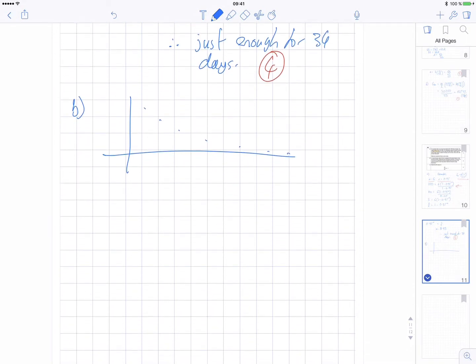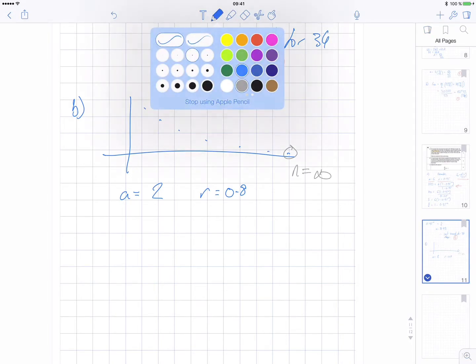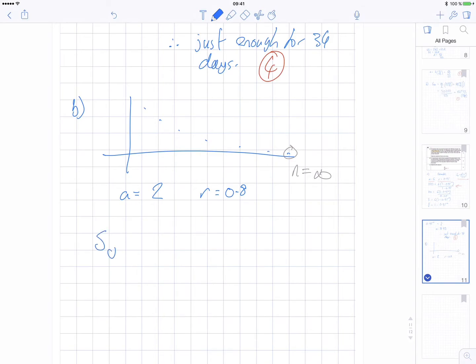So we need to know that a is equal to 2 seconds and r is equal to 0.8. But look at this, it's actually never really going to get to 0. It's only going to get to 0 when n is equal to infinity. So what we need to do is use the sum to infinity.